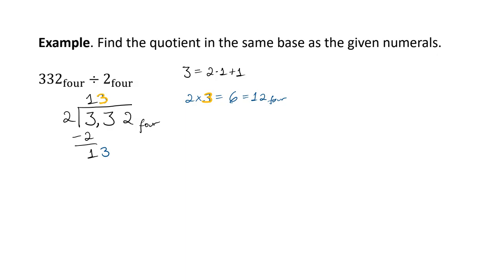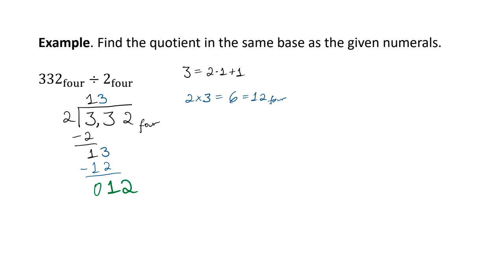And then I multiply 2 times 3, which gives me 6, which is 1, 2. So I subtract the 1, 2. And of course, 3 minus 2 is going to be 1, and the 1s cancel, so that gives me a 0. So next, I bring down the next place value.